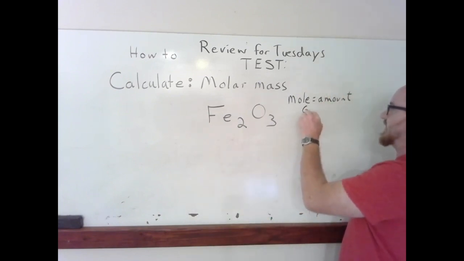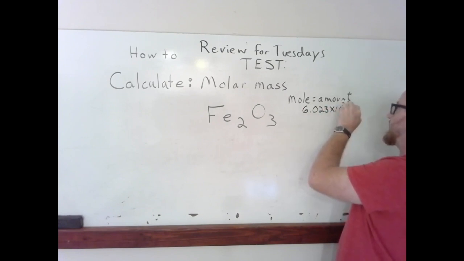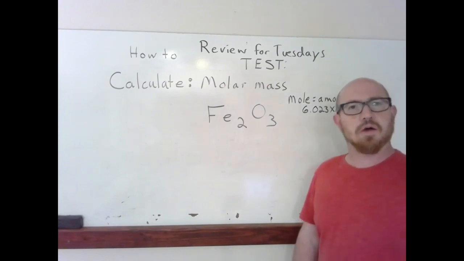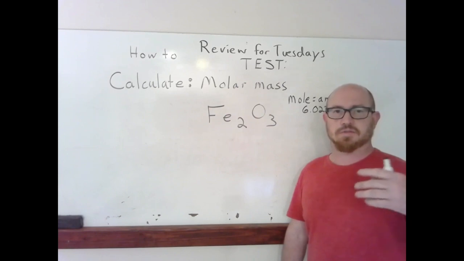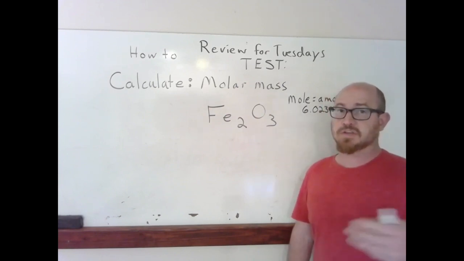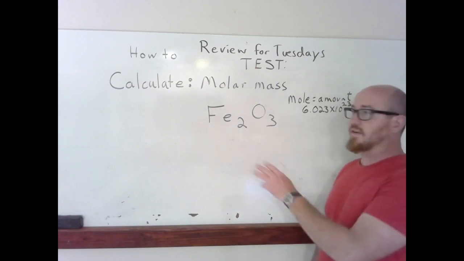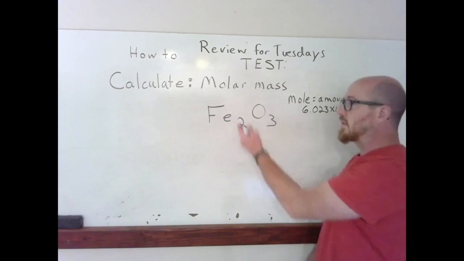That number is 6.023 times 10 to the 23rd. It's unitless, just like dozen or 12 is unitless, because you can have 12 donuts, you can have 12 eggs, you can have 12 tires. But at the end of the day, a mole is the same thing. I can have a mole of iron. I can have a mole of oxygen. I can have a mole of rust.